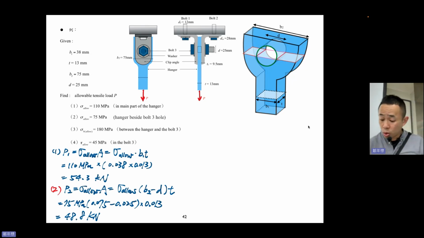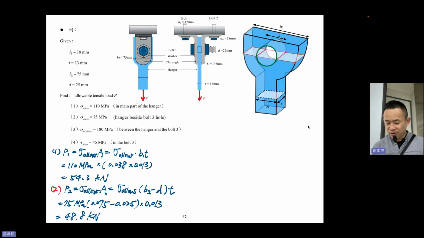Okay, so if the P here equals 48.8 kN, this part will almost break. If you exceed that, if you have 50 kN, oh, this part will break.